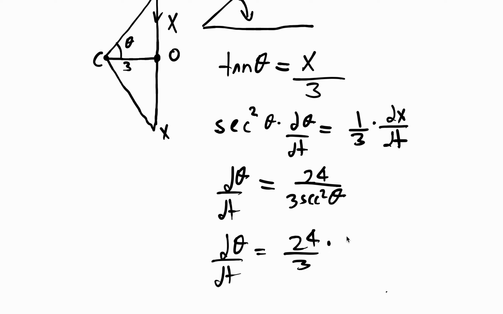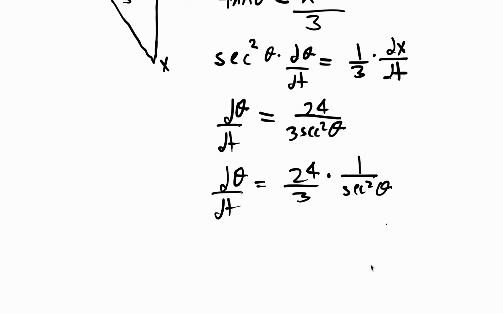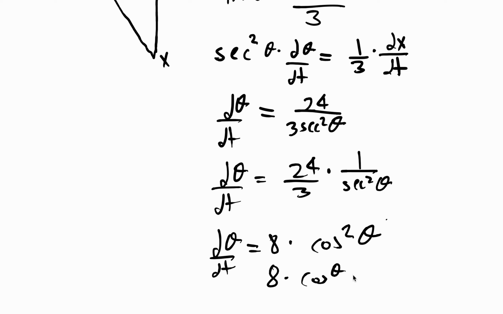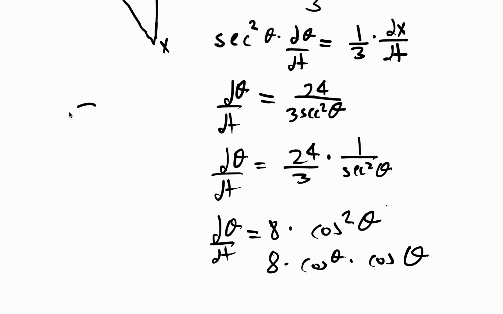So instead of theta, I can substitute: d theta by dt is equal to 24 by 3, which is just 8, times 1 over sec square theta, and this is a no calculator question, so we have to do this without a calculator. We know that 1 over sec square theta is simply cos square theta, and I can rewrite it as cos theta times cos theta, which makes it simpler to see on the unit circle.